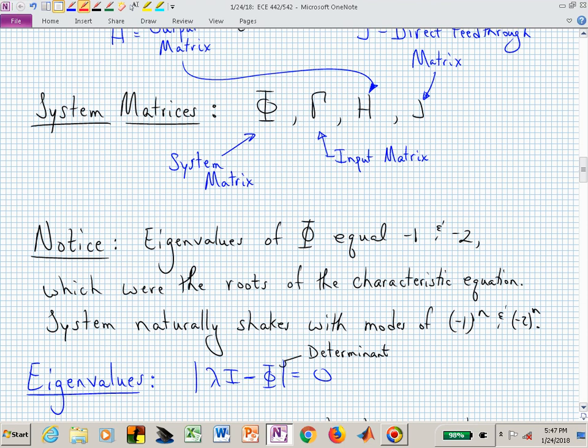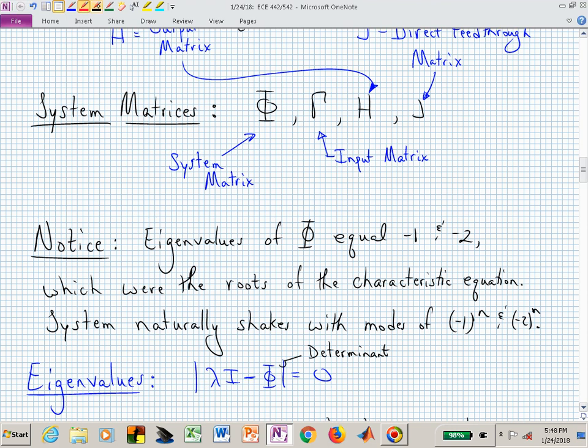The eigenvalues of a matrix, our system matrix phi, that's the determinant of lambda I minus phi. We set that equal to 0, and that gives us the exact same expression that we had for our characteristic equation. How big is the I matrix in that expression?